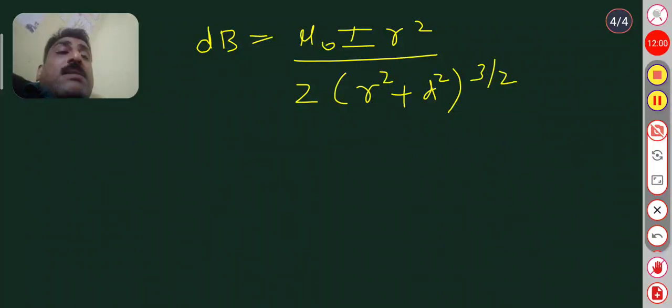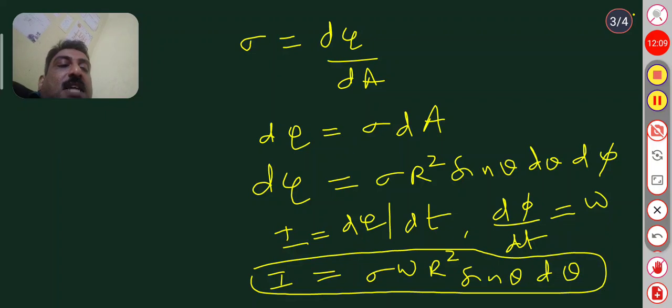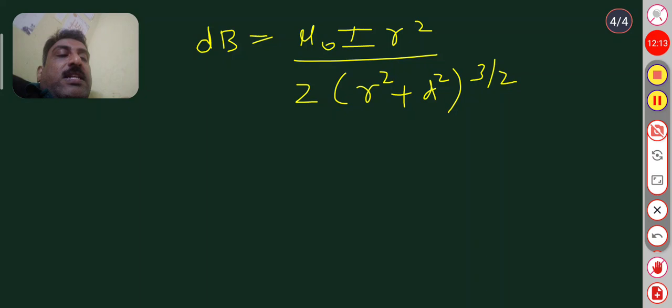Here we can use certain relations which we already got. I is equal to sigma omega r squared sine theta d theta.